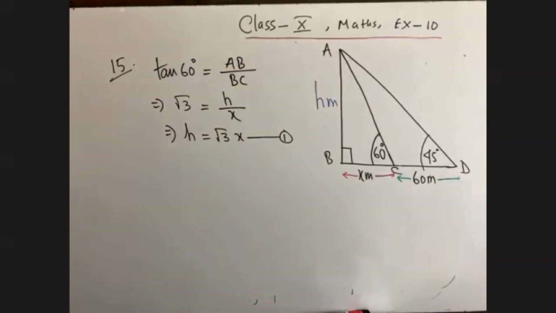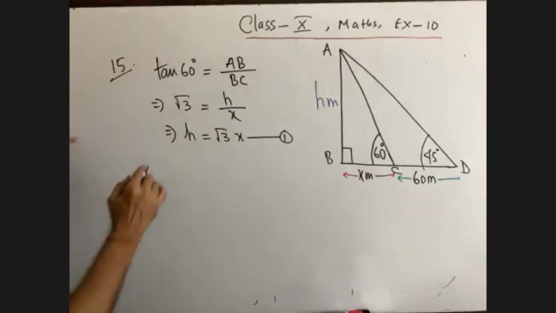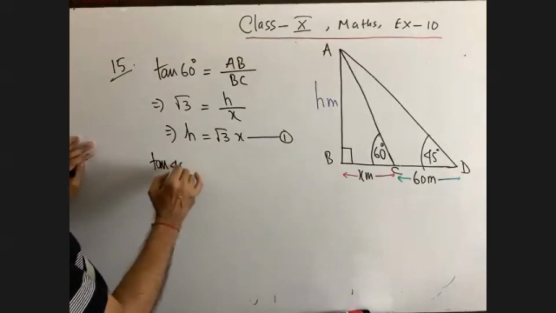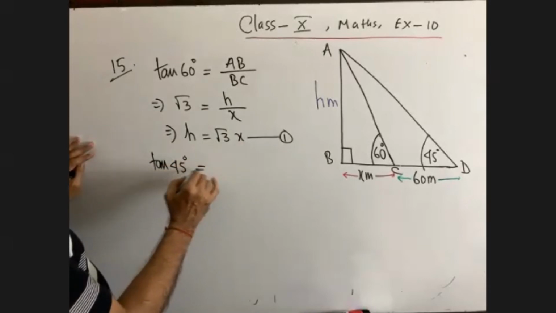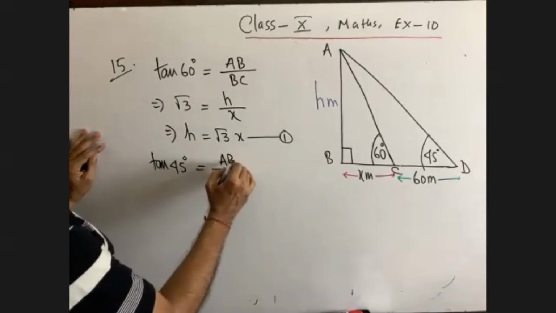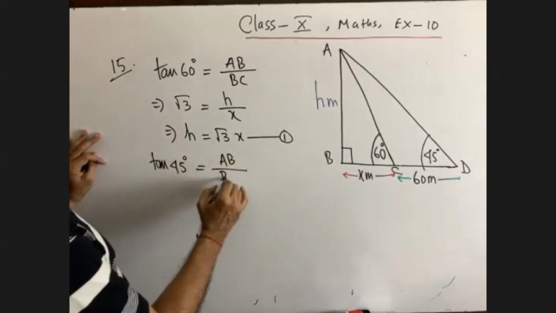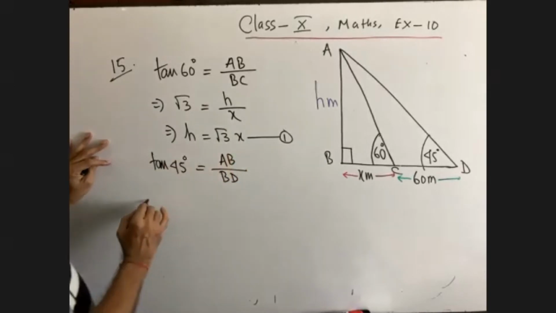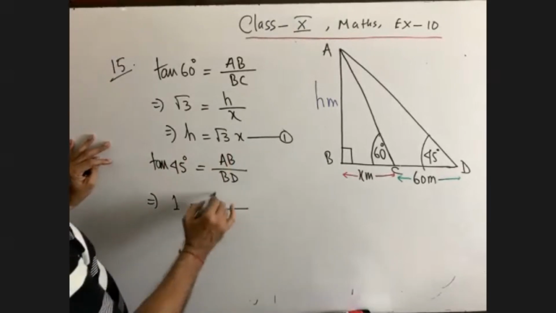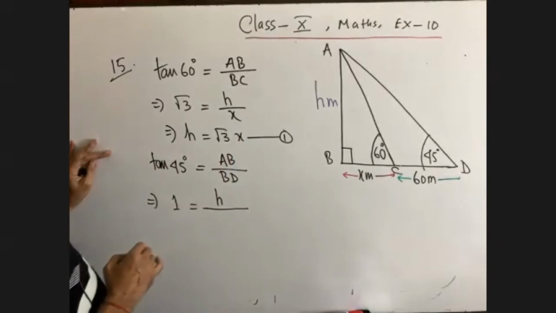Now you write down tan 45 degree. What is tan 45 degree? Same thing: perpendicular by base. Here base is BD. Very good. And the value of tan 45 degree is 1. What is AB? This is h, and BD equals to what?